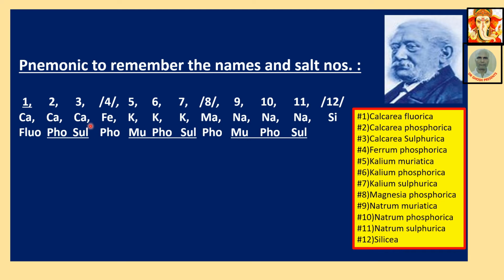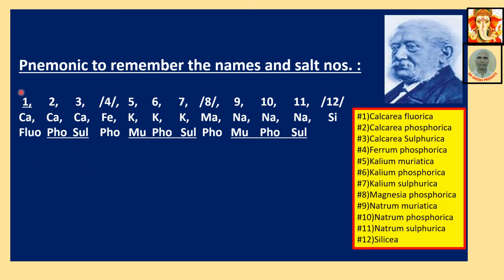Some rhythm is there, you can follow, I think. Number 4, number 8 and 12 are different types. All others, 1, 2, 3 same cationic portion, 5, 6, 7 same, 9, 10, 11 same. Now come to anionic.